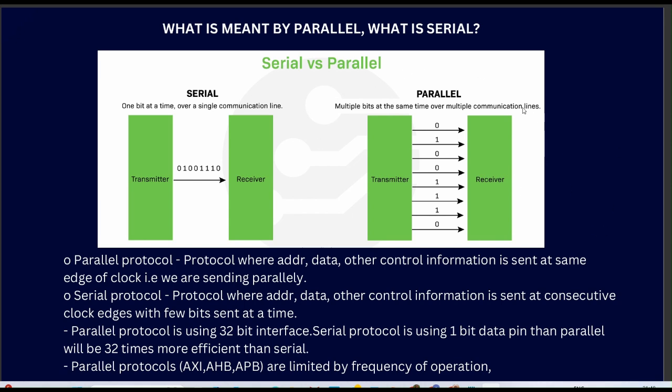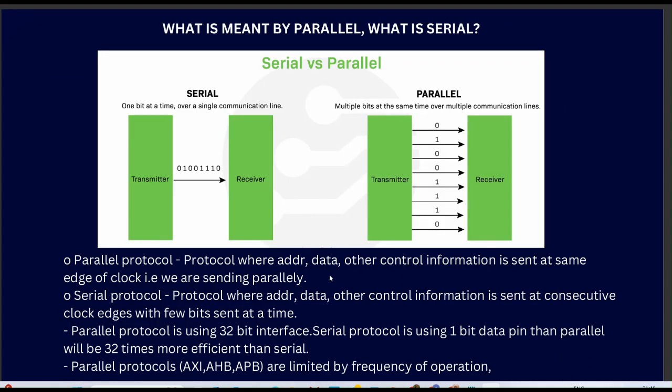In serial protocol, we send address, data, and other control information at consecutive clock edges, with a few bits sent at a time. So parallel protocol is using a 32-bit interface, while serial protocol is using a 1-bit data pin. Then parallel will be 32 times more efficient than serial. So parallel protocols like AXI, AHB, APB are limited by the frequency of operation.